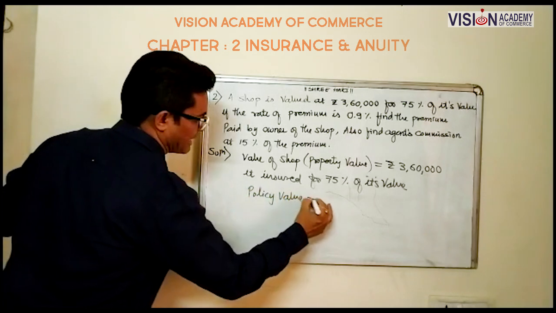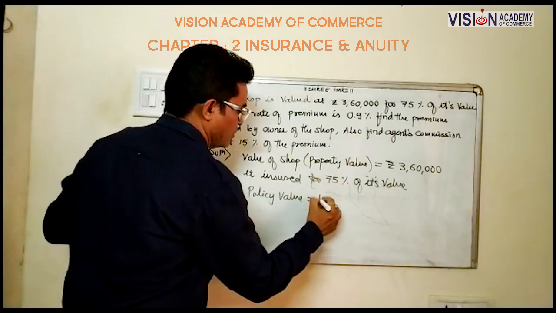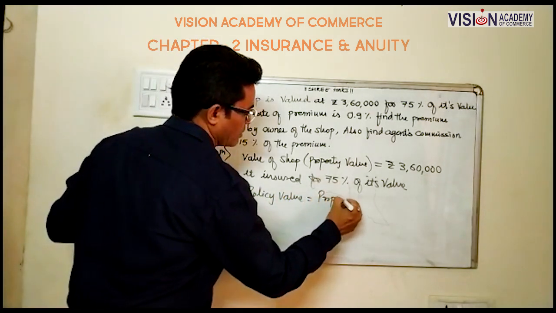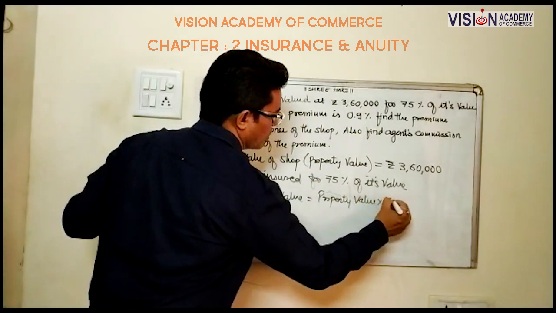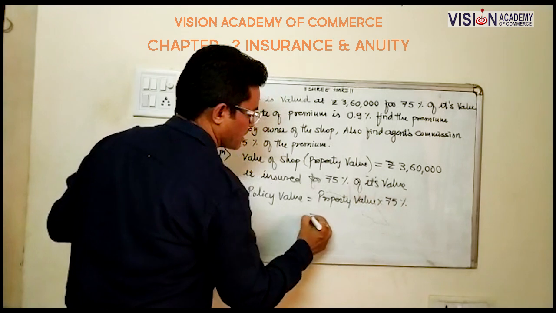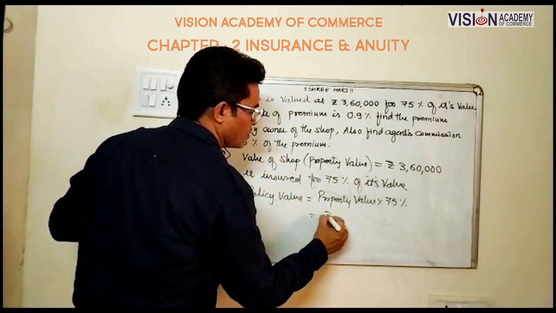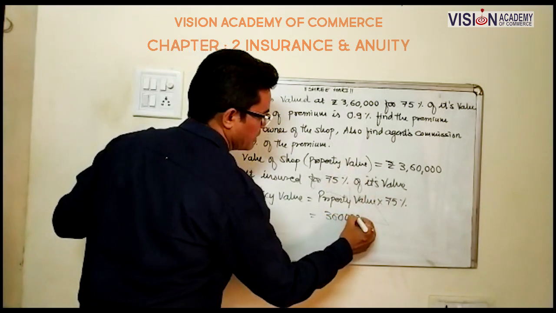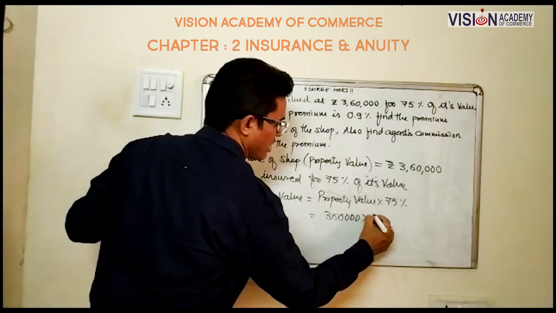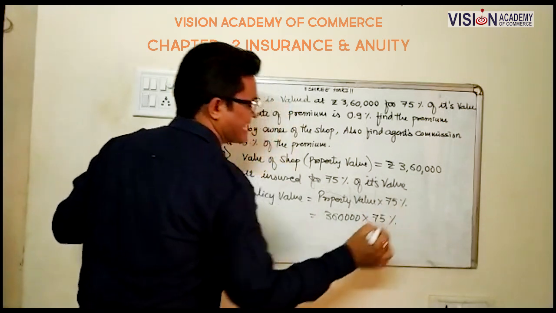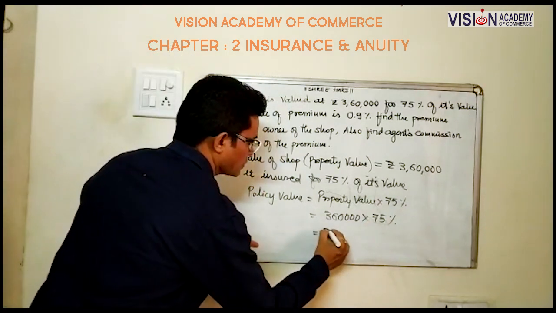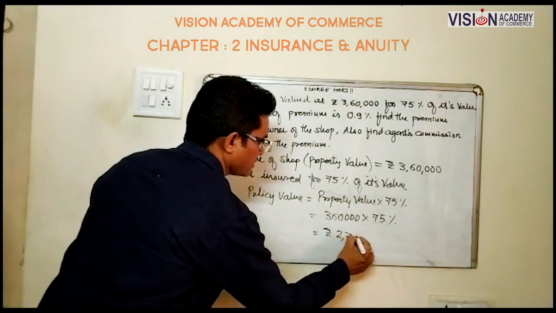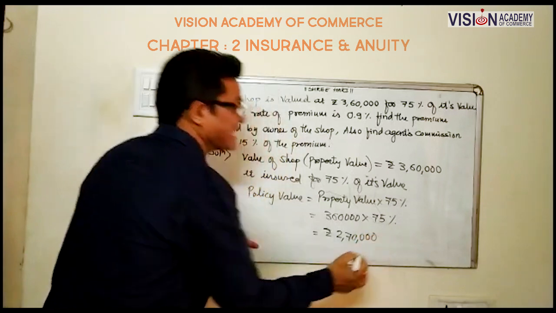If it is insured for 75%, our policy value is your property value into 75%. Your property is rupees 3,60,000, and if 75% is the policy part, it comes to rupees 2,70,000.